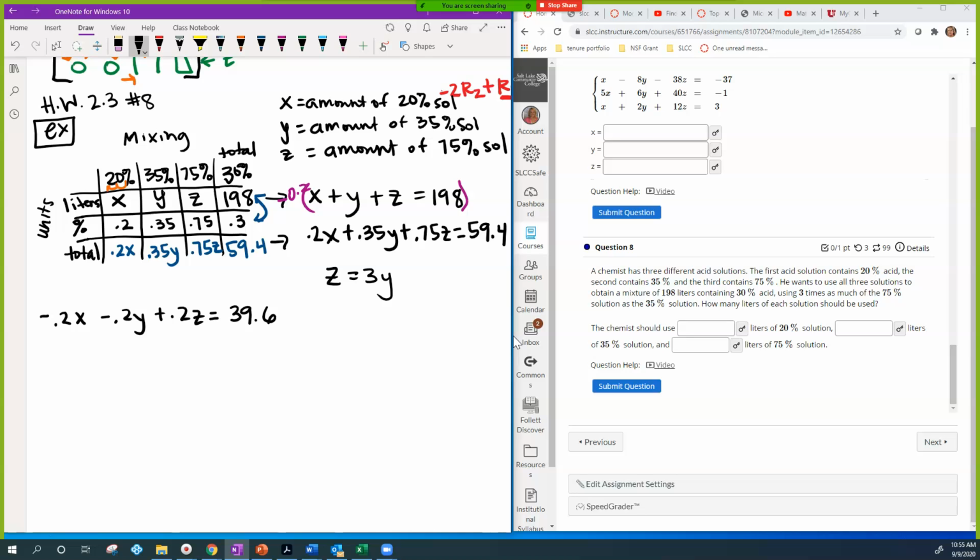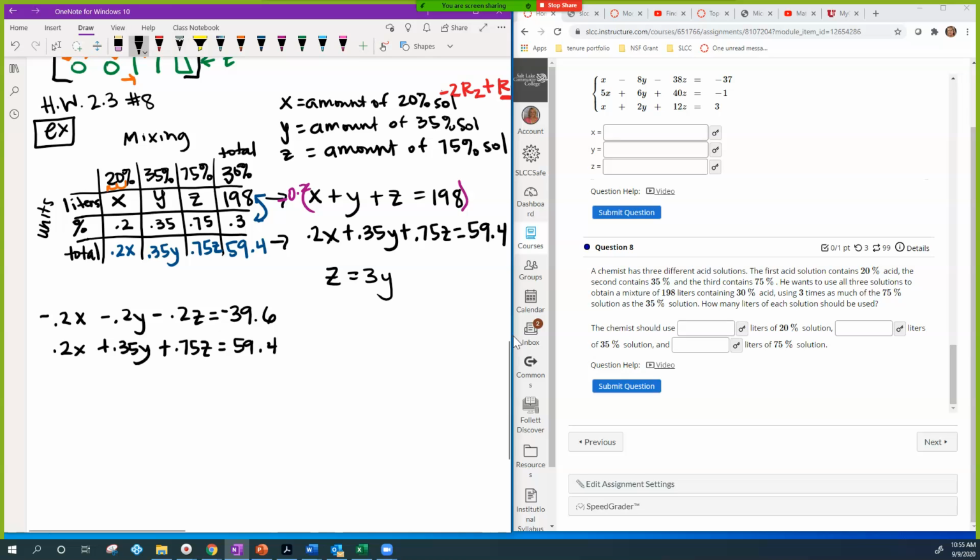So I multiply the top by negative 0.2 and add it to the second one, which I'll put underneath: 0.2x plus 0.35y plus 0.75z equals 59.4. Oh, sorry, there should be a negative there. I messed up my negative sign, and it should be negative 39.6. I have to make sure I'm distributing that all the way through.